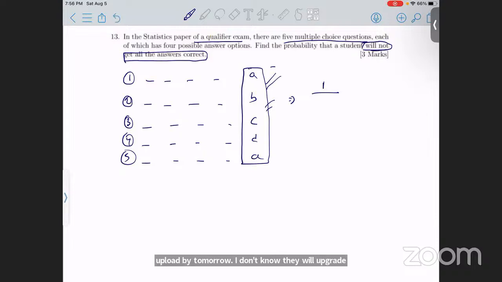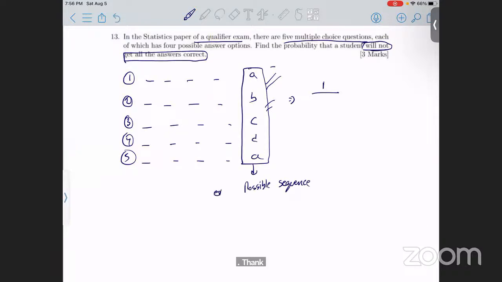Look, this is the only possible sequence for all correct answers.